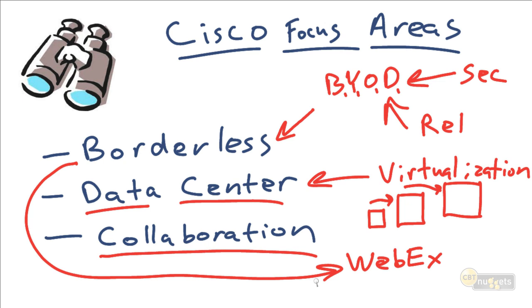A key aspect of collaboration for Cisco, as you might guess, is things like voice over IP and video over IP. And these are integrated right into solutions like WebEx.